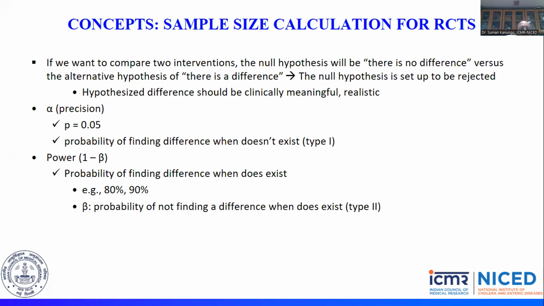What is required is the precision, the probability of finding a difference which does not exist, which is basically type 1 error, and power, 1 minus beta, the probability of finding a difference when it does exist. We usually take 90% power, sometimes 80% power. These are important things we need, and also effect size: how much difference we want to make.